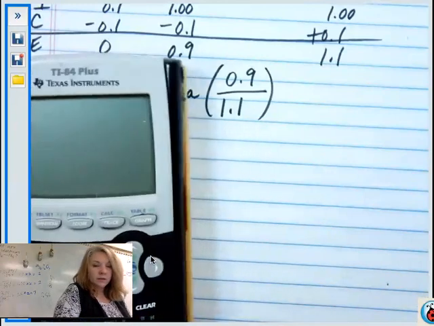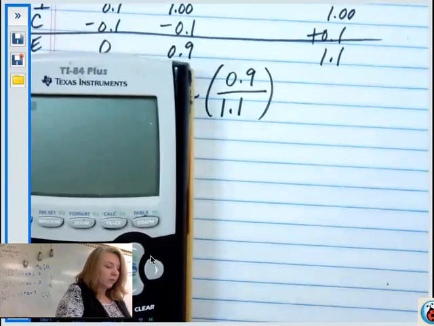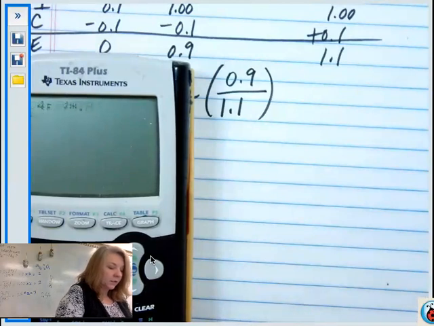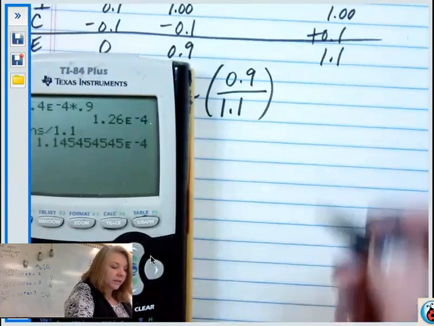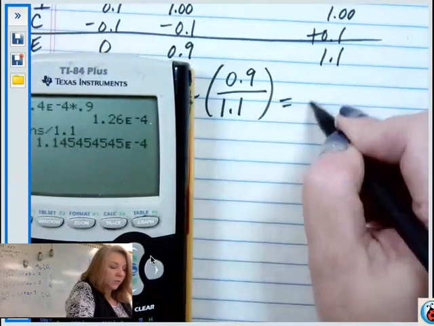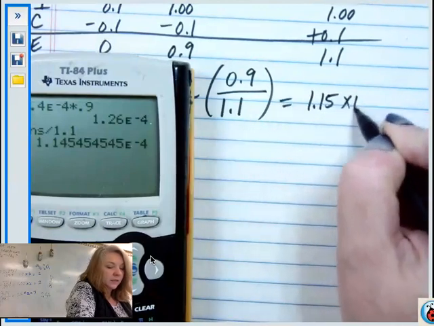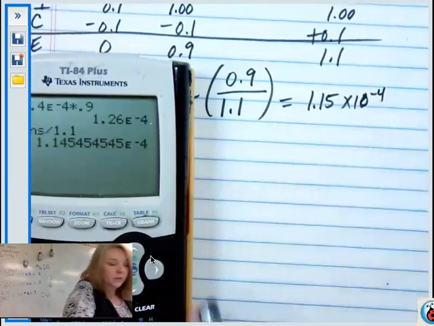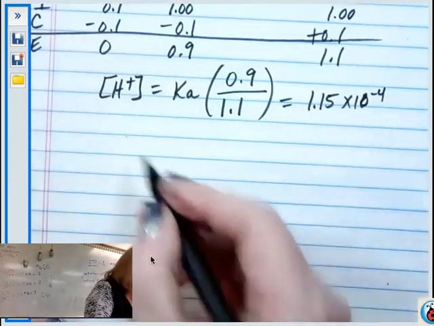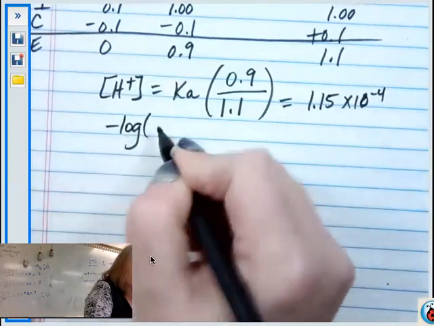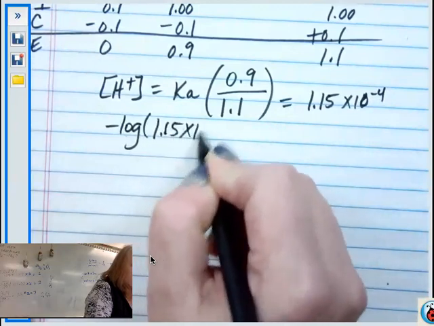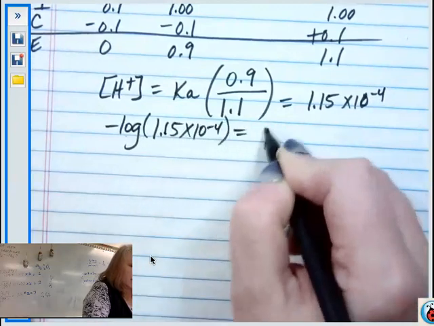So we've got our Ka value was 1.4 times 10 to the negative fourth times 0.9, I just messed that up, times 0.9 divided by 1.1. And this time, the H plus is equal to 1.15 times 10 to the negative fourth. We need to take the negative log of that, 1.15 times 10 to the negative fourth. It's going to give us our pH.